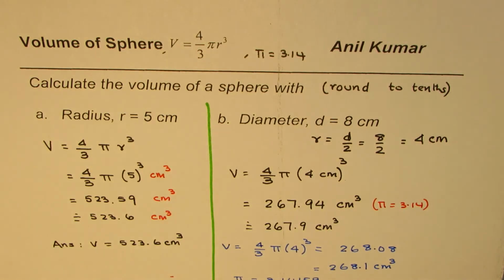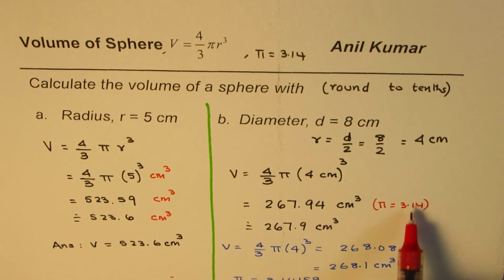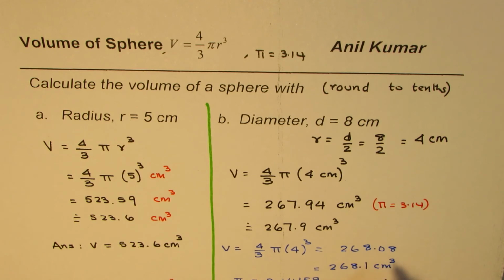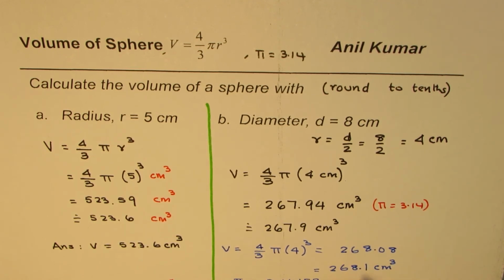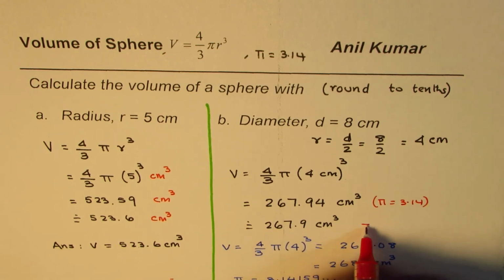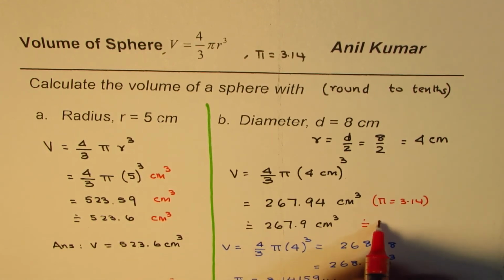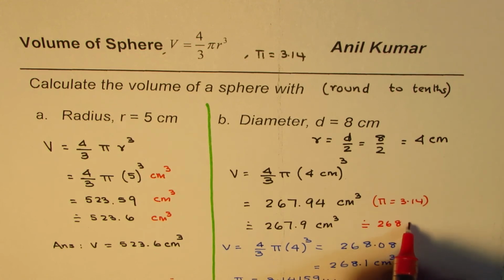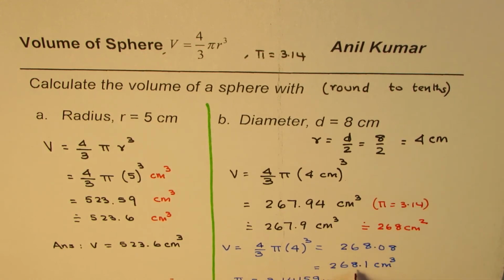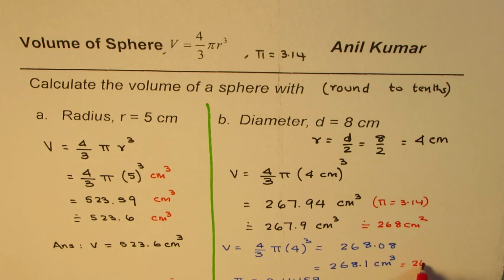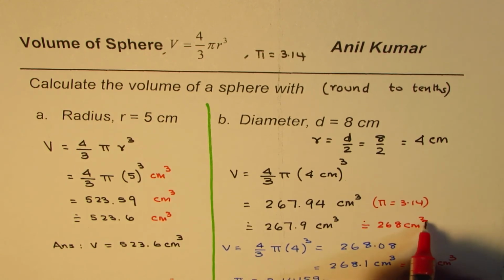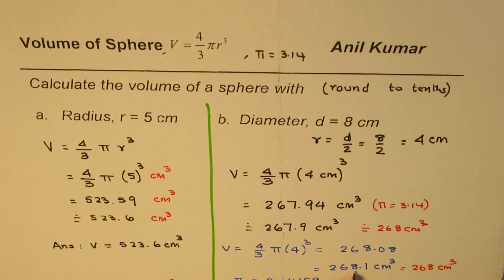So as you can see in this particular case, there could be some error by using 3.14, but that is kind of acceptable if you're rounding to the ones place. So if I round to the ones place here, I get approximately 268 centimeter cube, and here also we get 268 centimeter cube, right? So rounding to the ones place, 3.14 is good enough to use.